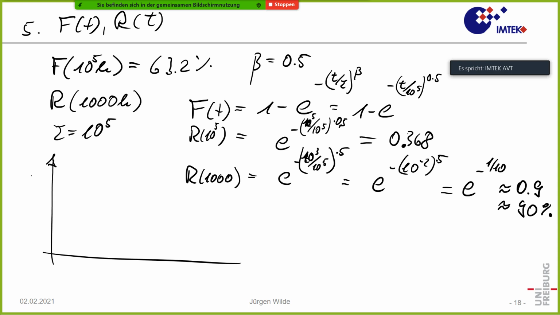So the failure rate will go down over t. Of course, reliability will also go down, and the failed portion will, of course, increase, as it will always increase.